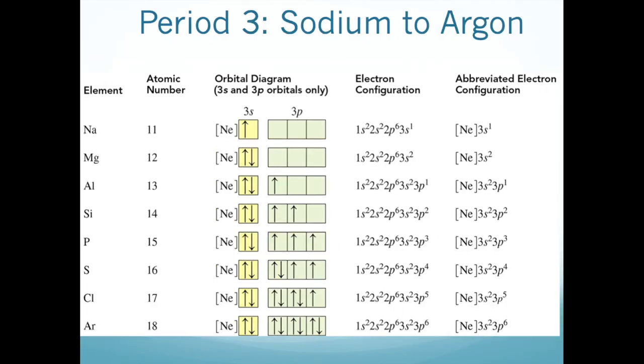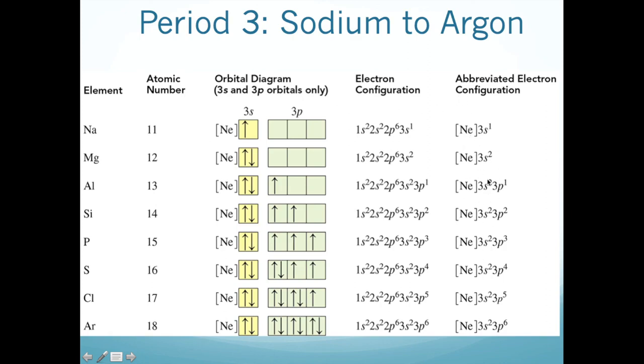Here we have that third row of elements, and again you can see how we've accounted for all the electrons. Here are the full electron configurations. To save space, they didn't bother putting the 10 electrons from neon. They only continued from that 3s orbital onwards. That's also useful when we're writing out electron configurations, because it helps us take up less space.